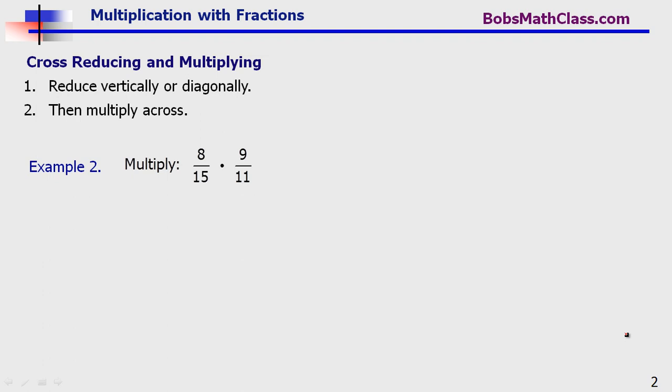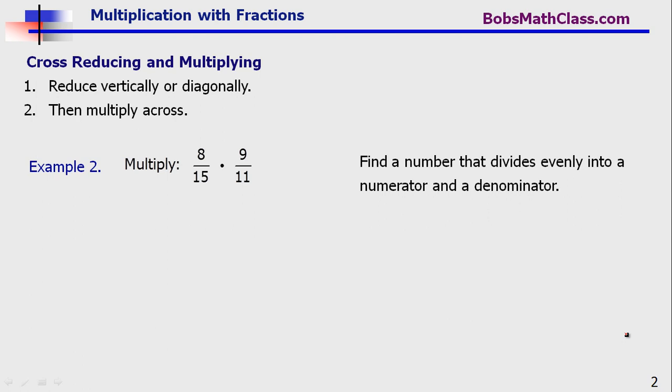This time we're going to reduce first and then multiply. Okay, so what we want to do is find a number that divides evenly into any numerator and any denominator. So remember, we could reduce vertically or diagonally.